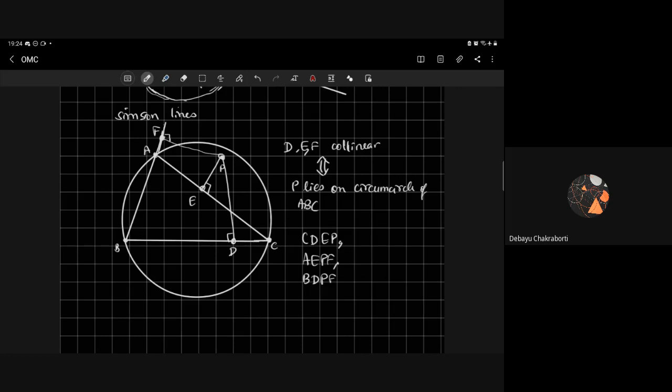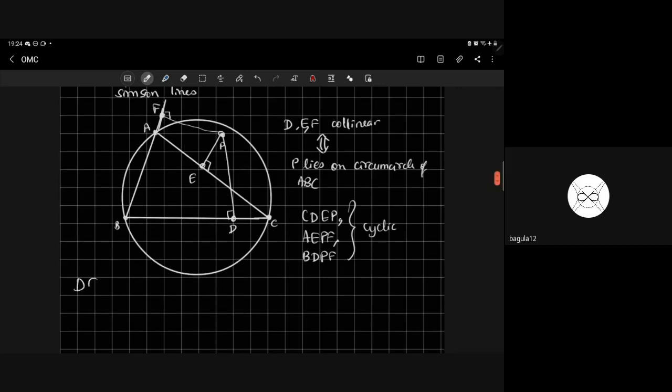DEF collinear, what does that mean? There are a bunch of right angle triangles. PEDC is cyclic. These three are cyclic. So again, DEF collinear is just an angle condition. So I'm going to use directed angles right now.